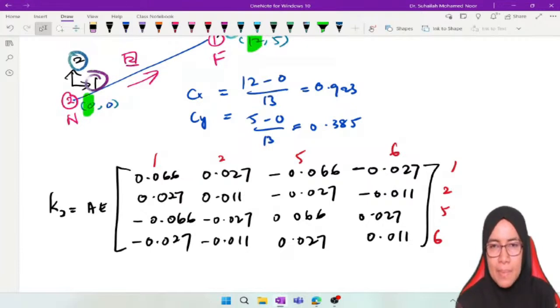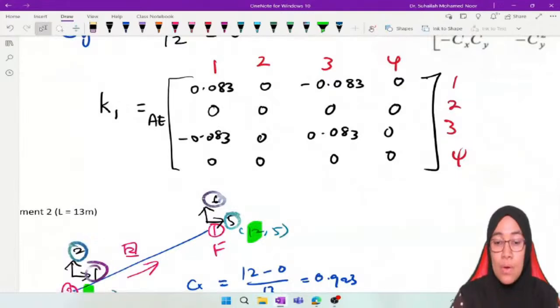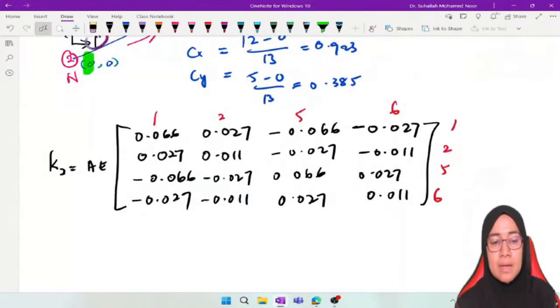For element stiffness matrices, the most important thing is to label the degree of freedom. Previously for K1 we get 1, 2, 3, 4, and for K2 we get 1, 2, 5, 6.